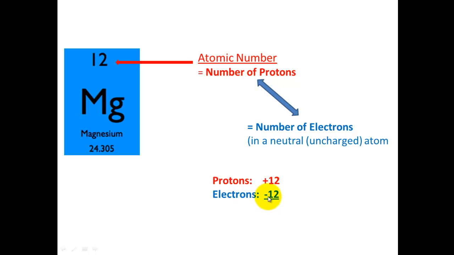The electrons must therefore, in a neutrally charged magnesium atom, so just an atom that has no charge, have 12 electrons. So it's 0 overall charge. So you can remember that in any element that you see on the periodic table, or any atom that is uncharged, the number of protons will always be the same as the number of electrons, and we find out the number of protons by looking at the atomic number.